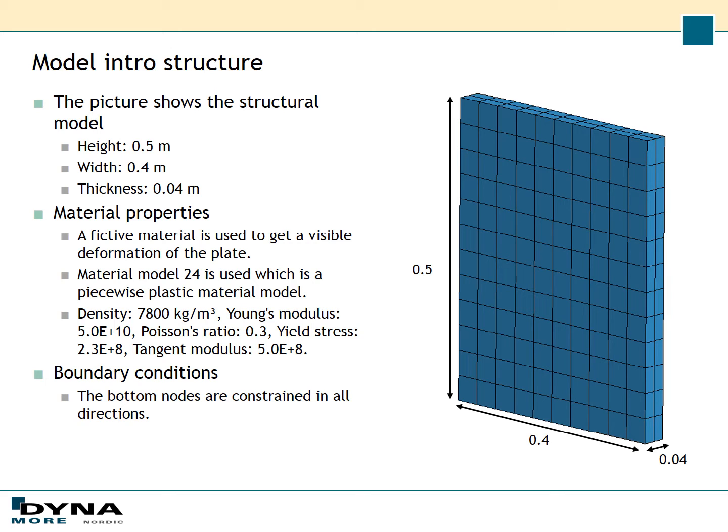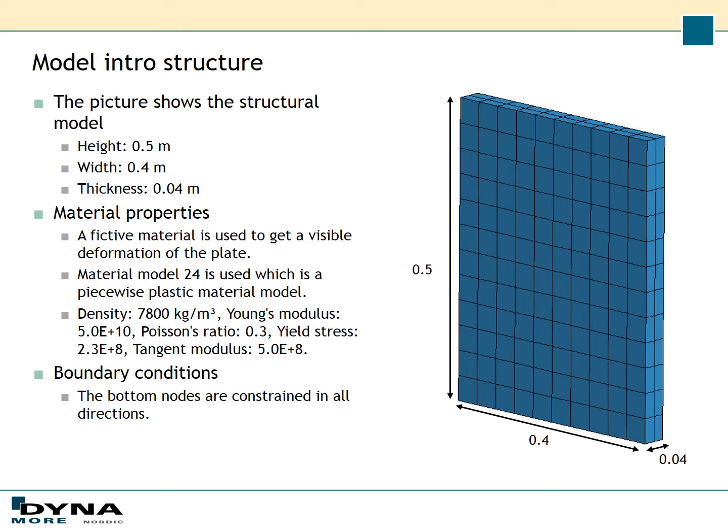And the material model that will be used is material model 24, which is a piecewise plastic material model. And the density is set to 7,800 kilos per cubic meter, and the Young's modulus is set to 5 times 10 to the power of 10, and the Poisson's ratio is set to 0.3, and the yield stress is set to 2.3 times 10 to the power of 8, and the tangent modulus is set to 5 times 10 to the power of 8.